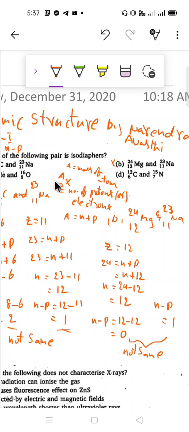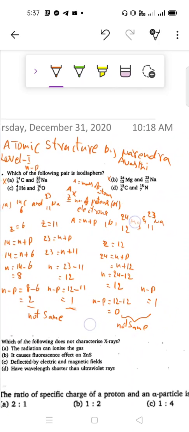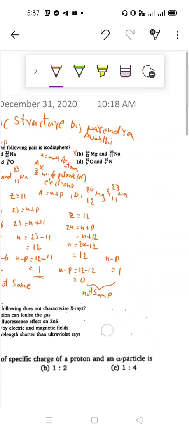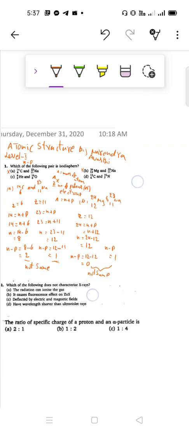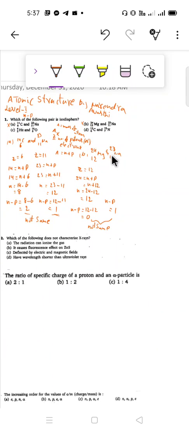Next, let us focus on another example, option C: helium 4, 2 and oxygen 16, 8.